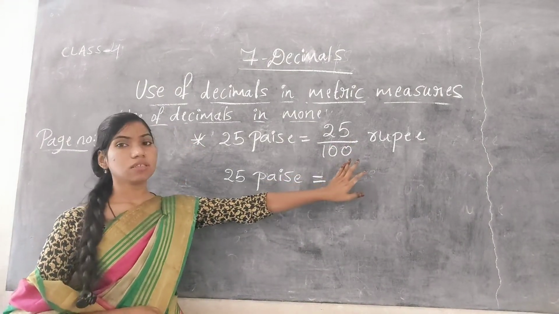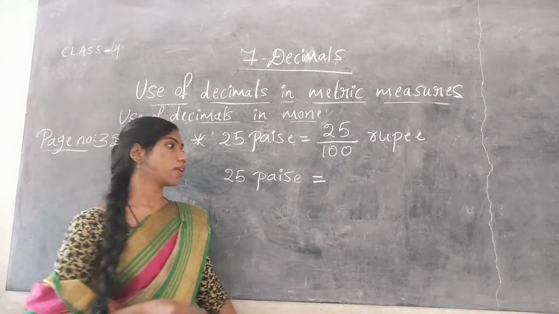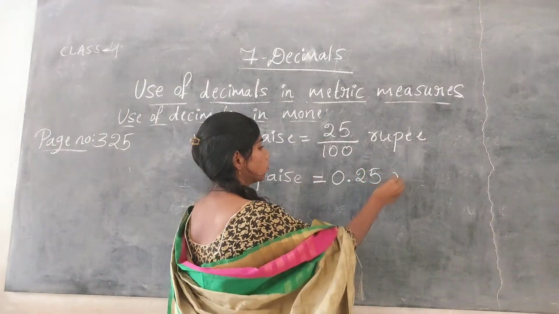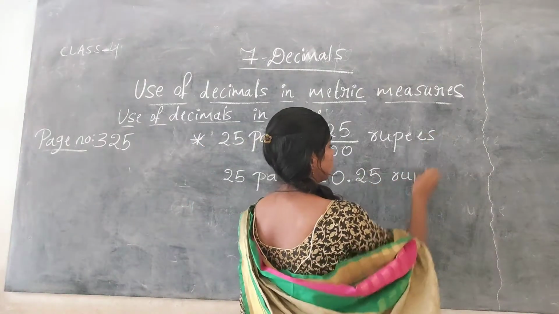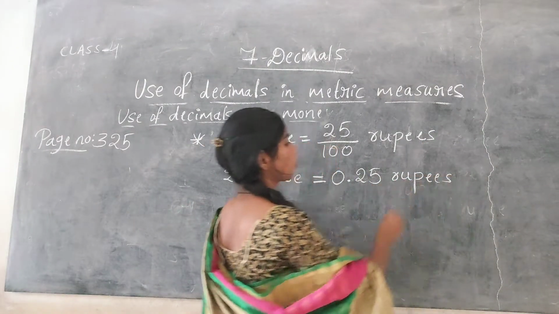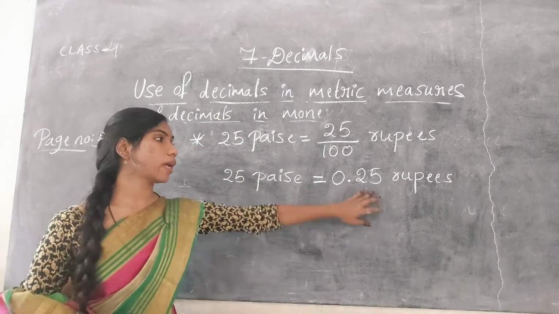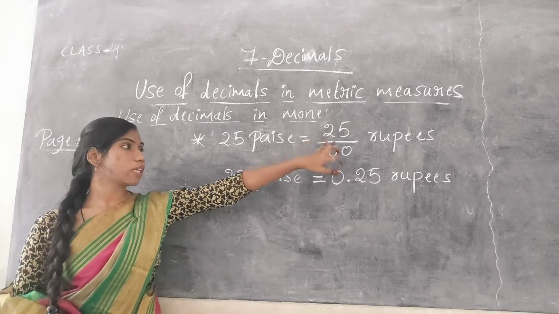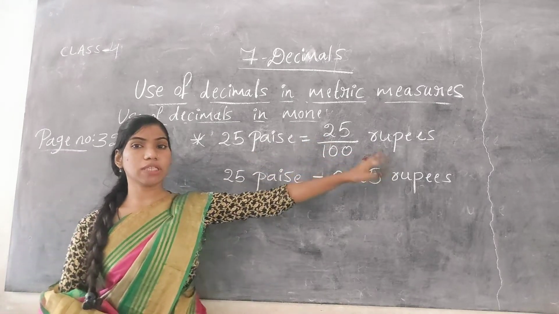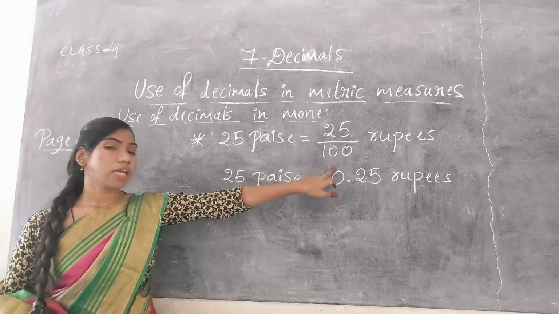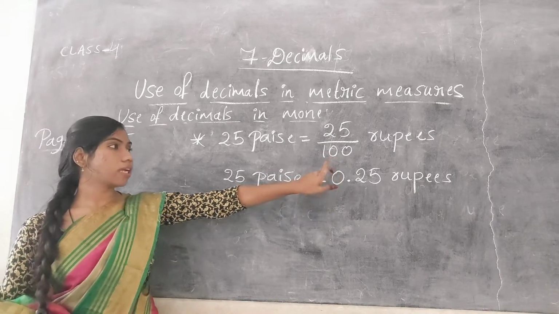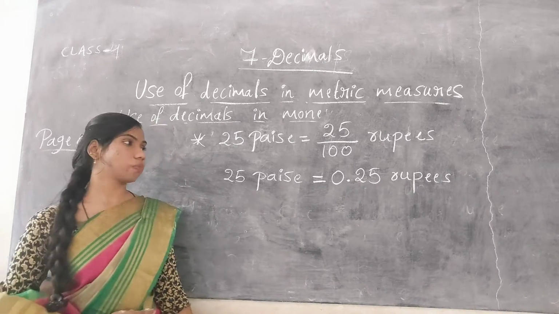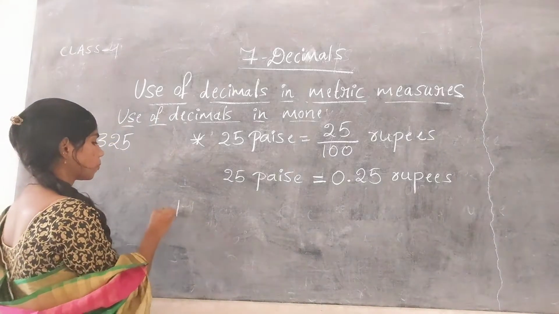This one in decimal we can write as 0.25 rupees. So 25 paise is equal to 25 hundredth rupees, and 25 hundredth in decimal fraction we can write as 0.25 rupees. And take one more example here.